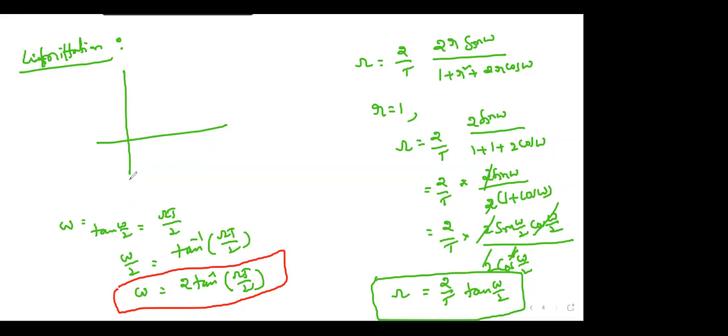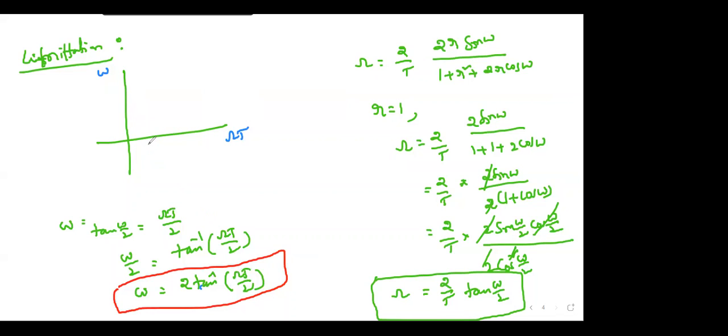But if you draw the relation between these two, omega T versus omega, see for small values of omega, tan inverse of a small angle will give a small value.